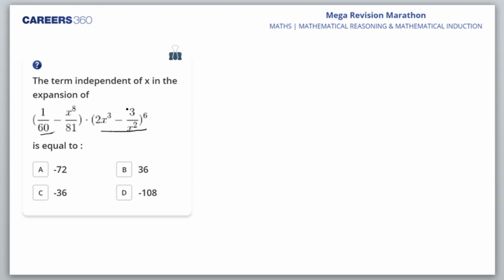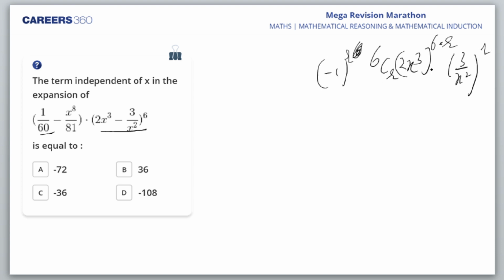So how do we get this? Term independent of x would be, in this expansion, 6Cr 2x cube raised to power 6 minus r into 3 by x square raised to r, and minus 1 raised to power r.